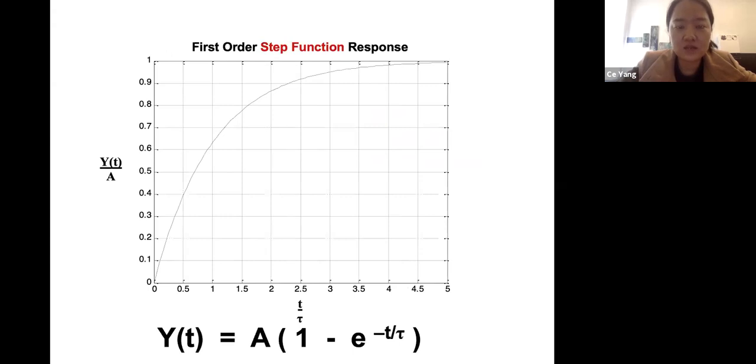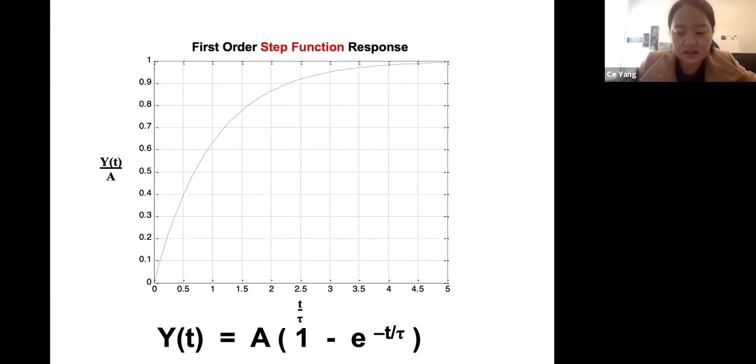Here we would like to explore the first order response to a step function. As previously solved, y(t) equals A times (1 minus e to the power of minus t over tau). We have the x-axis as t over tau. Remember, tau is the time constant for the sensor. And we have the y-axis as y(t) over A, where A is the amplitude of the step change.